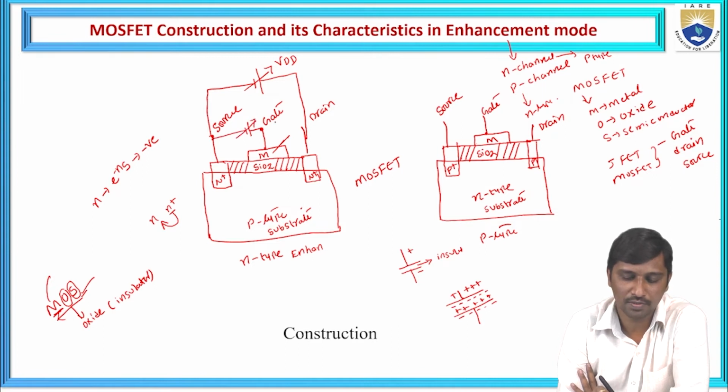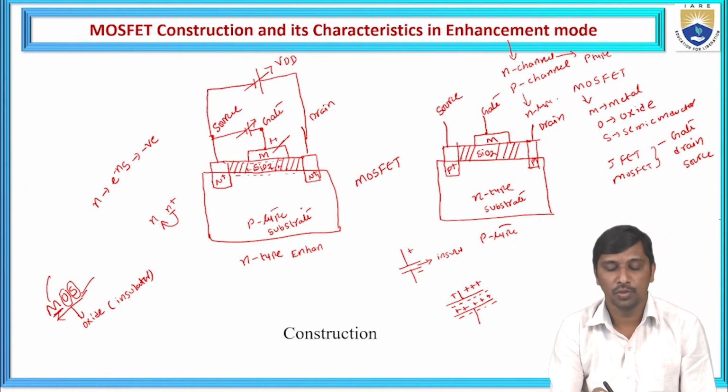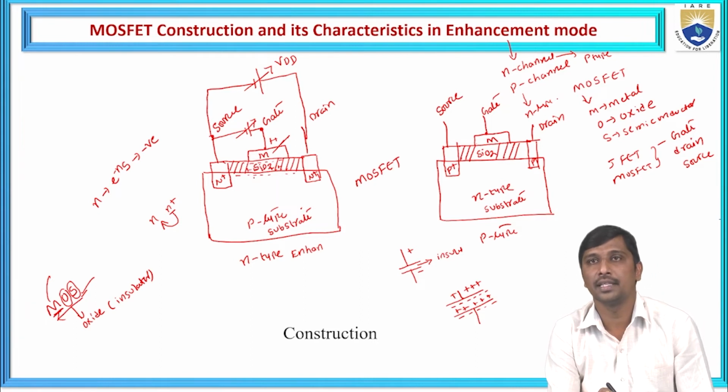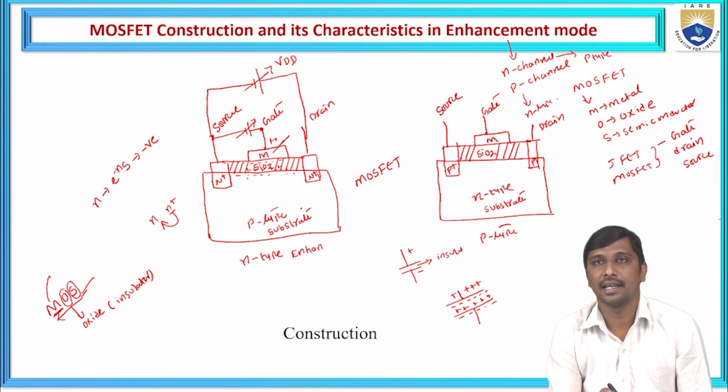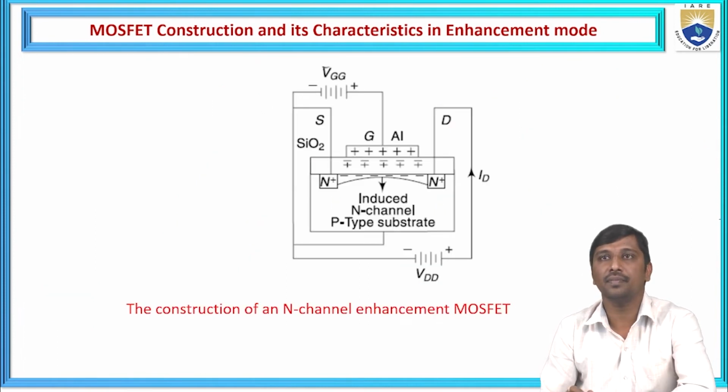If you apply the positive energy here, at the opposite plate it becomes negative. Due to this negative energy, a channel is induced between the source and the drain. So, this is the detailed diagram I have shown here.